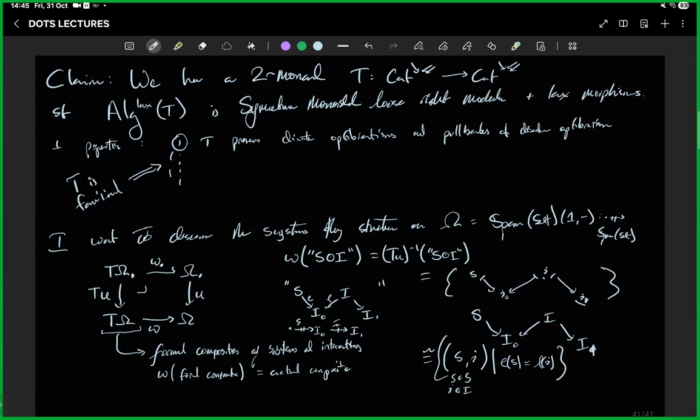That's the pullback, i.e., this is S times I naught, this is the pullback.